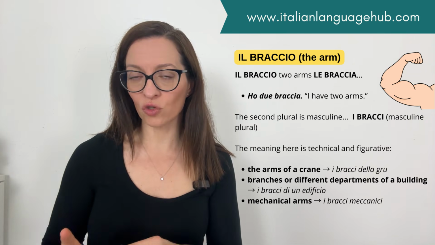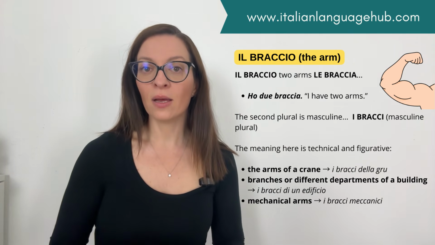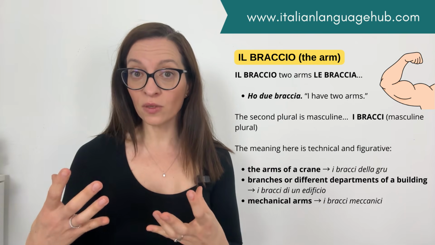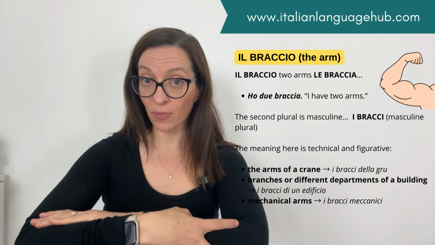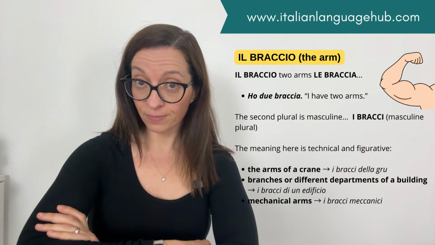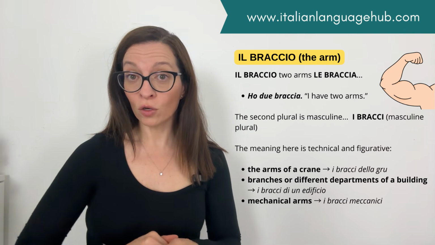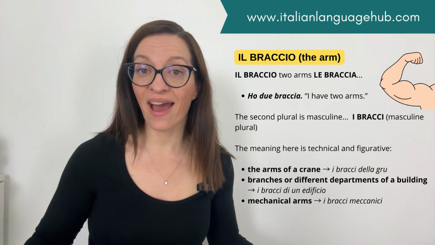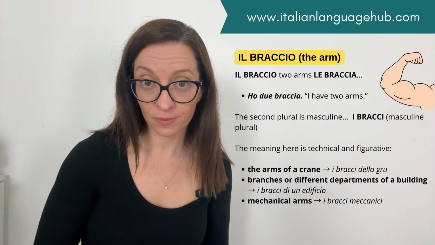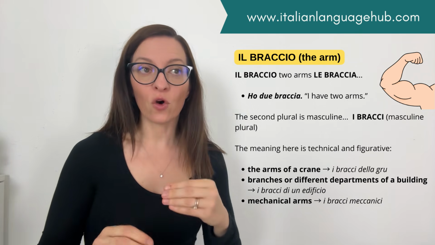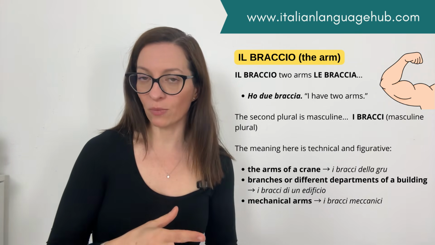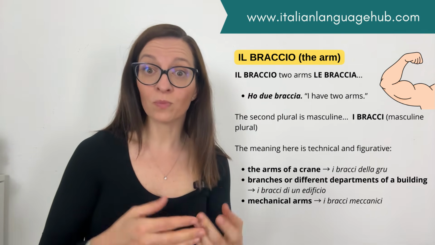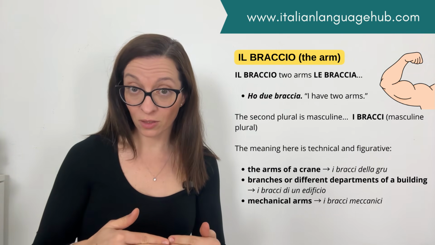And il braccio, le braccia is the word that you need when you're talking about the body part, okay? Arms. For example, ho due braccia. I have two arms, okay? Now, I told you that you can have a second plural. This second plural is masculine.